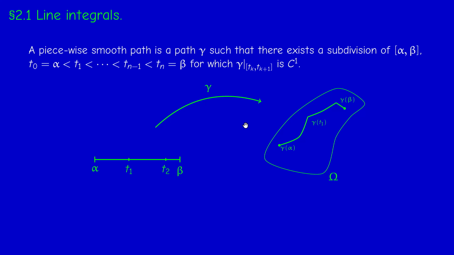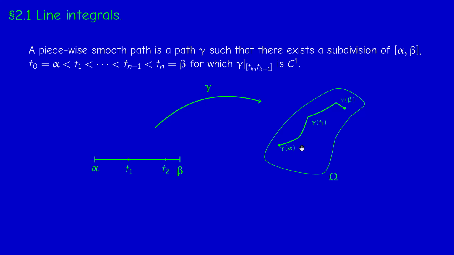Now, a piecewise smooth path is a path which is continuous, but it has a continuous derivative on some parts of the interval alpha beta. So we say that a path is piecewise smooth if it has a continuous derivative on each sub-interval of the interval alpha beta.